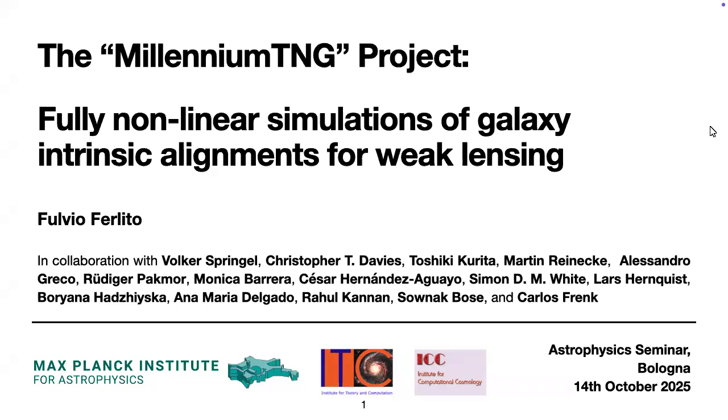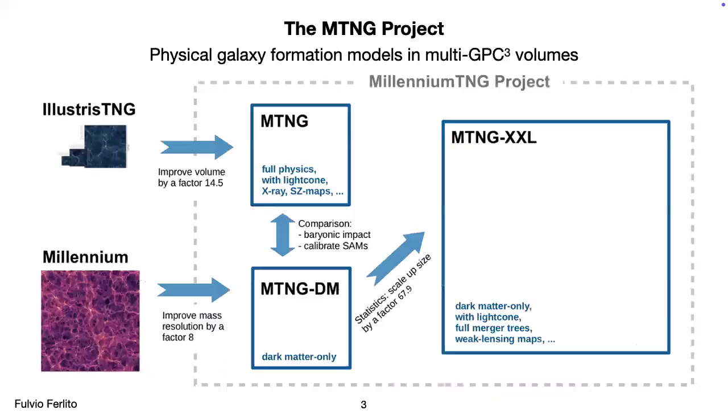First of all, the MillenniumTNG project brings together two very popular numerical astrophysics projects: the IllustrisTNG, which was a very successful galaxy formation simulation project, together with a cosmological box size of the Millennium project. The idea is to bring together numerical galaxy formation in the context of cosmology to perform simulations that are both big enough and also with enough resolution.